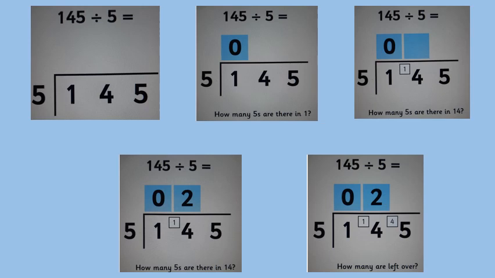Now we know there's two groups of 5 in 14. And I write the 2 above the 4, like you can see in picture 4. So 2 times 5 is 10, and 14 take away 10 leaves me with 4.